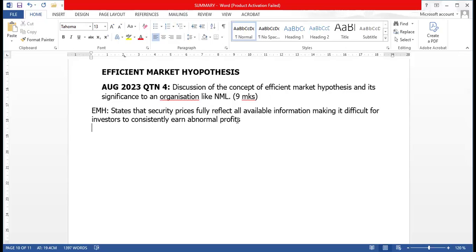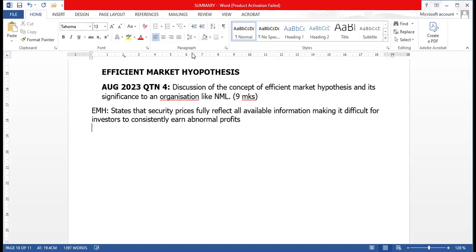Remember, if you are an investor, you always try to do research before investing in a company. Maybe looking at their records, the financial statements of the previous year, how they have been performing, and any other information.